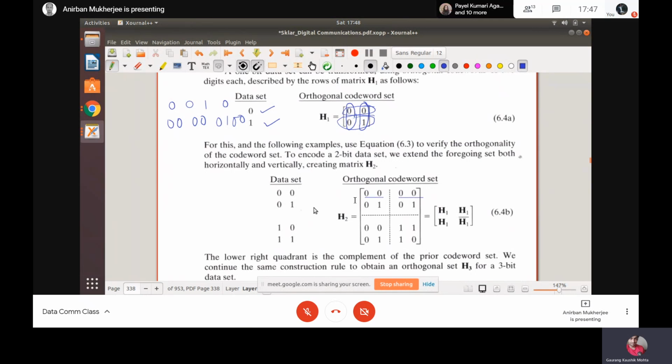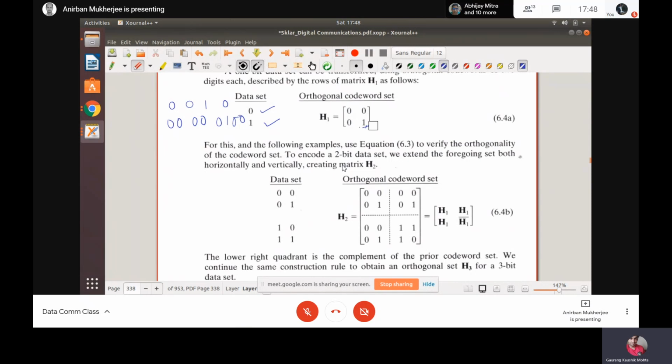Now 0, 1 is something like this, and 1, 0 is like this, done in such a way that H2 will be H1, H1, H1 and H1 complement. There is a reason why I am doing this. Here I am putting H1.